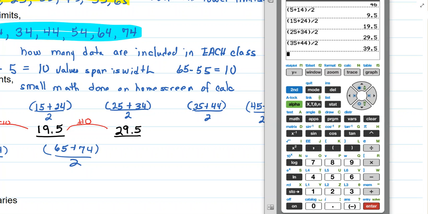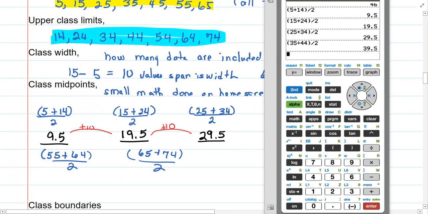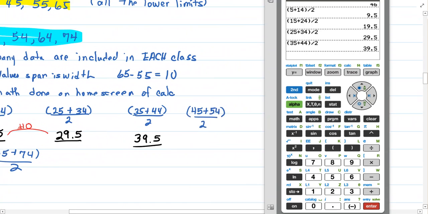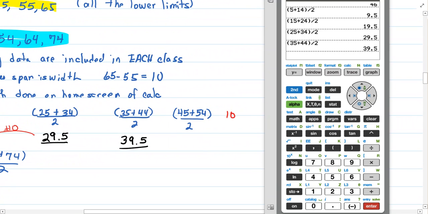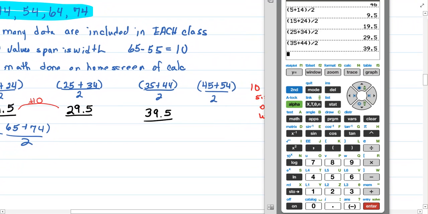And I get, there it is, 39 and a half. Because this is the size of our width. So the midpoints have to be separated by the 10.